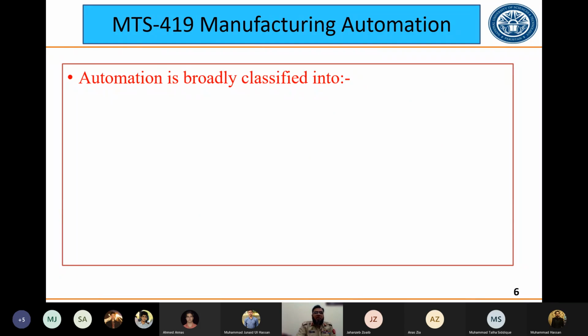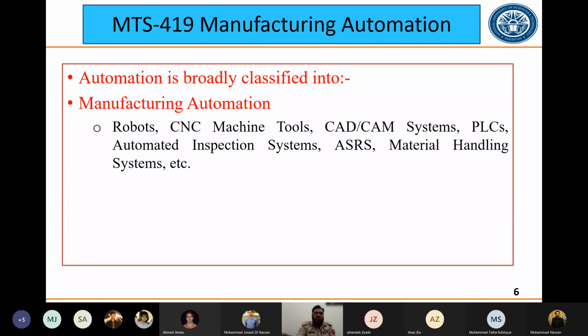So automation is broadly classified into two, the first being manufacturing automation. What does manufacturing automation stand for? That is the robots, CNC machine tools, CAD/CAM systems, PLCs, then automated inspection systems, ASRS. ASRS is the automated storage and retrieval system.